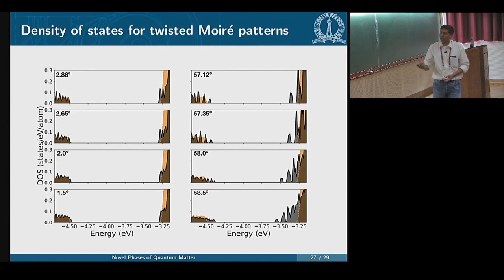Then, of course, you can plot the density of states for a whole bunch of angles near 60 degrees as well. And you notice that near 0, it was only coming from hybridization, so nothing really comes in the gap. Whereas near 60 degrees, there's a quantum well which will localize my electrons, and that is actually below.